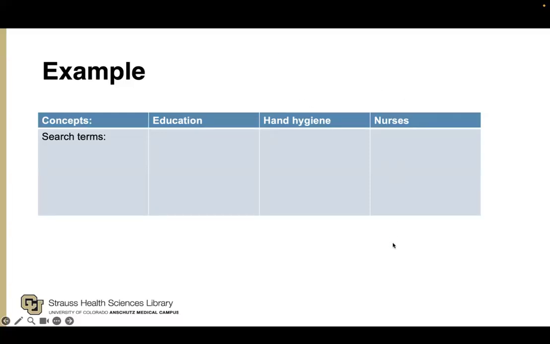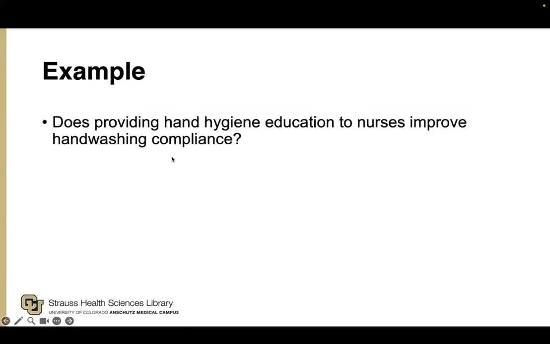This is an example of a quality improvement kind of project or question that sometimes people are asking. That is how I would recommend breaking that down. Again, I don't recommend searching something like compliance because that could be really funky. I wouldn't try to search something like improve because again, that's a verb.